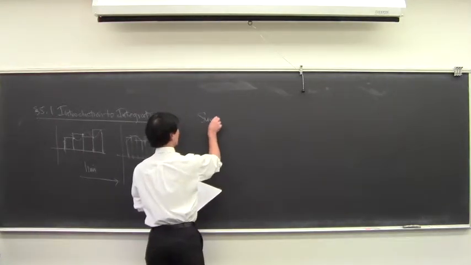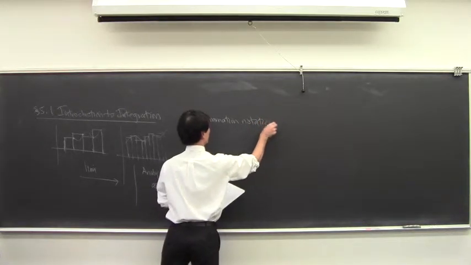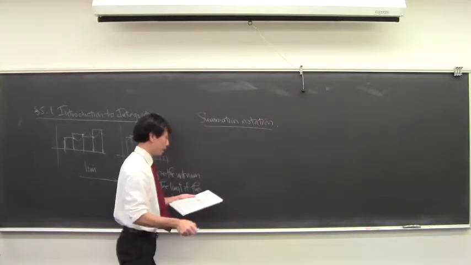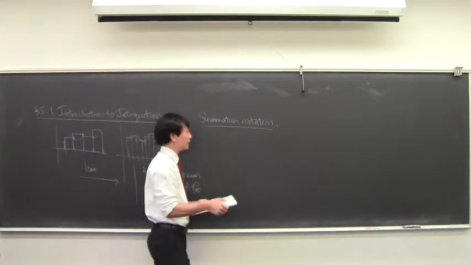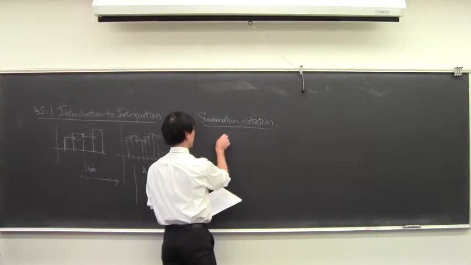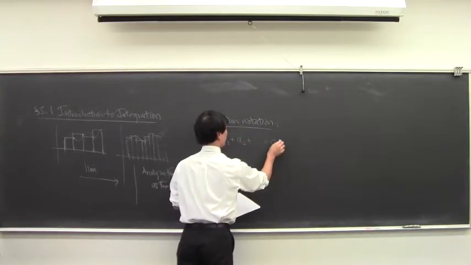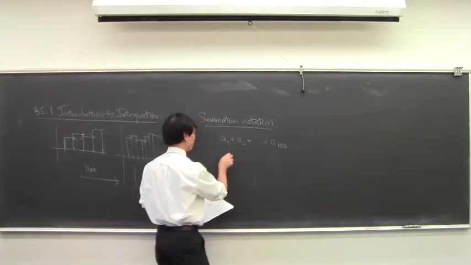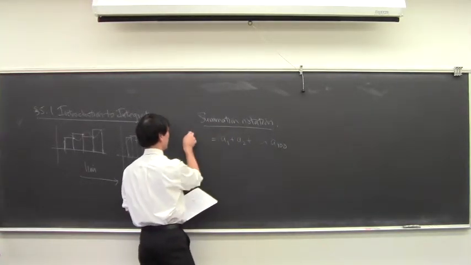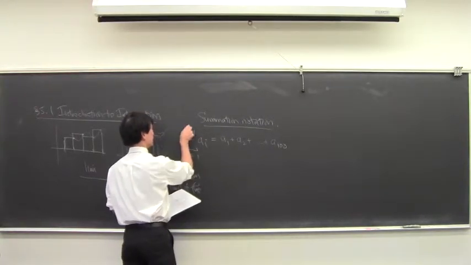And then on Wednesday, we also introduced something called summation notation. Summation notation is a way of abbreviating gigantic sums. If you have some sequence A1 plus A2 plus up to A100, you don't want to have to write that all the time, so you abbreviate that instead as the sum of Ai from i equals 1 to 100.